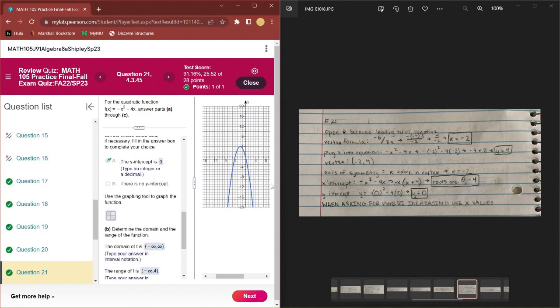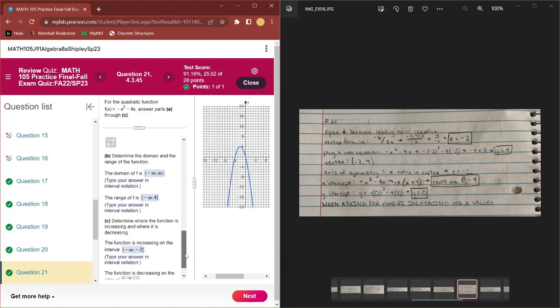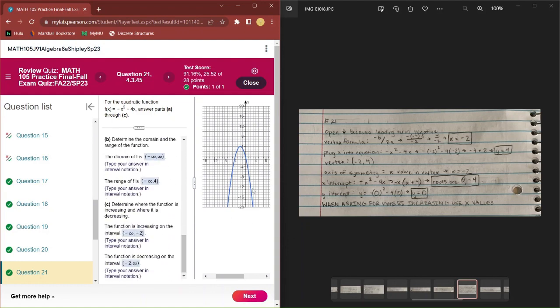And then for the y-intercept, you set x equal to 0, and you solve it, and you just get y equals 0. And then you just have domain, -infinity to infinity.